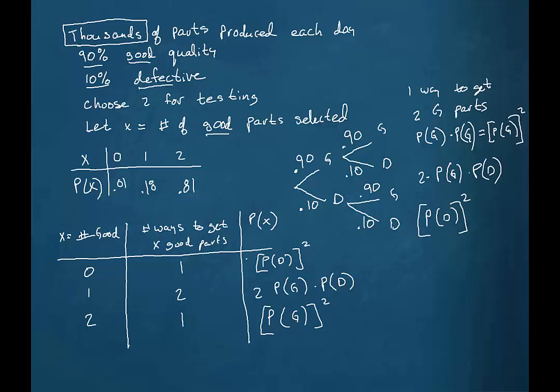Now we could put an understood 1 right here and an understood 1 right here. And this 1 is going to match up with this 1 out front. This 2 is going to match up with this factor of 2 here. And this 1 is going to match up with this factor of 1 here. And we're doing some generalizing here that's going to help us to develop a bit of a formula a little bit later. Now let's go back to the case where we selected 3 parts and made a similar table.